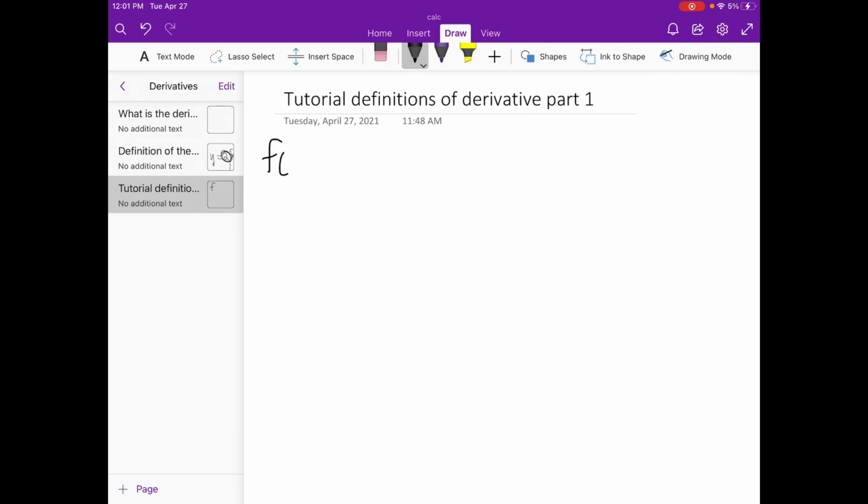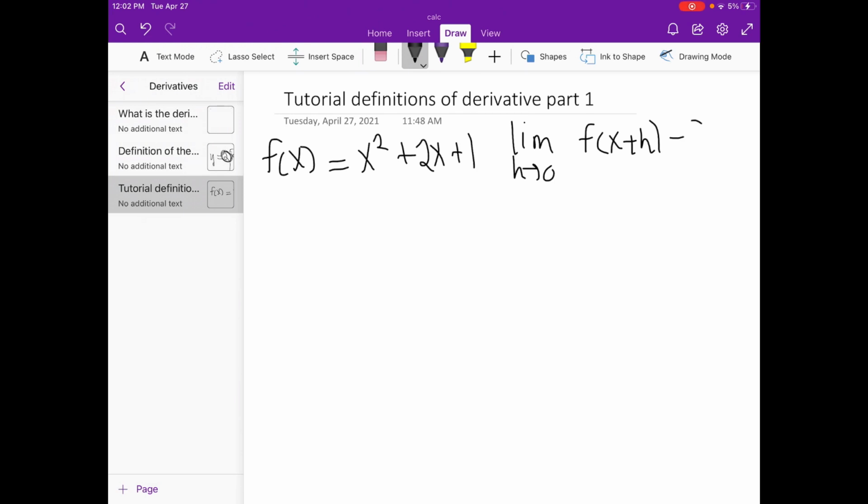Okay, let's say f of x is equal to x squared plus 2x plus 1. Okay, this is multiple terms, so let's write down our definition of the derivative. Once again, always writing that down so we can group together the terms.